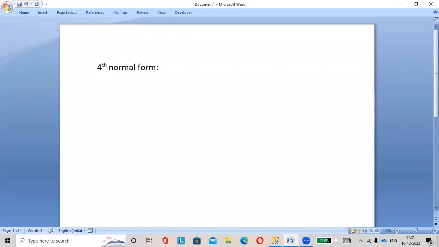The table is said to be in fourth normal form. It should satisfy BCNF. BCNF stands for? Boyce-Codd normal form. Yeah, it should satisfy Boyce-Codd normal form. It should not have multi-value dependency.